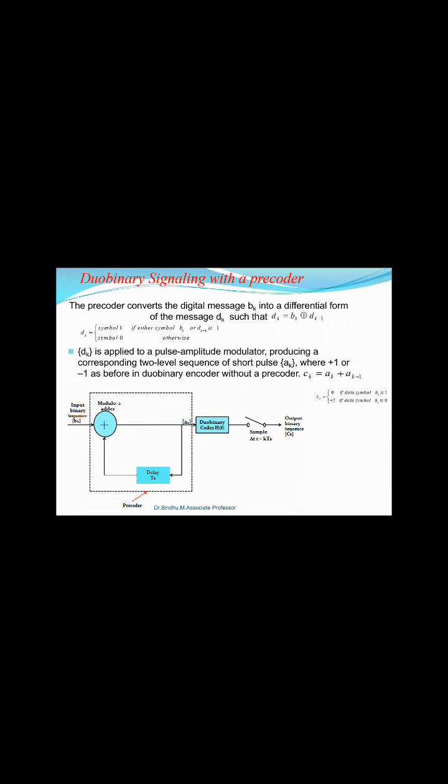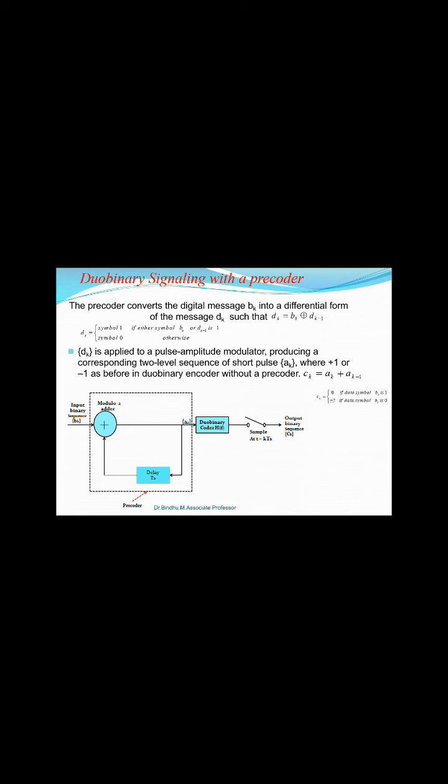So you perform a modulo 2 adder operation, or an XOR operation, on the present input bit stream with the previous output. The newly generated output is called the differential output, which will be the new input bit stream to your duobinary signaling encoder circuit.